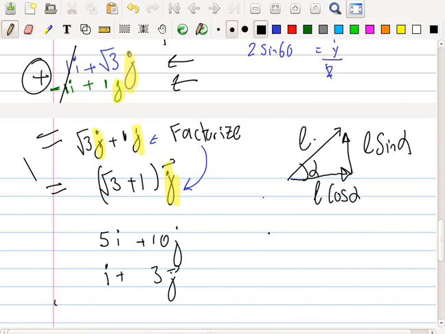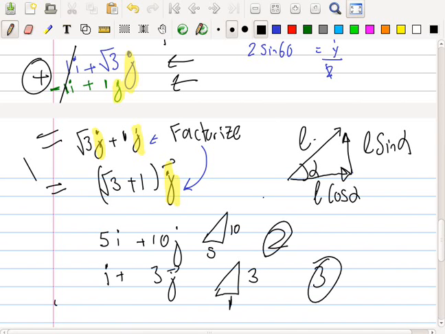No. What's the slope of this vector? 2, because it's 10 over 5. If I draw this one, here is 1, 3, and the slope is 3. They're different slopes, so they're not parallel.